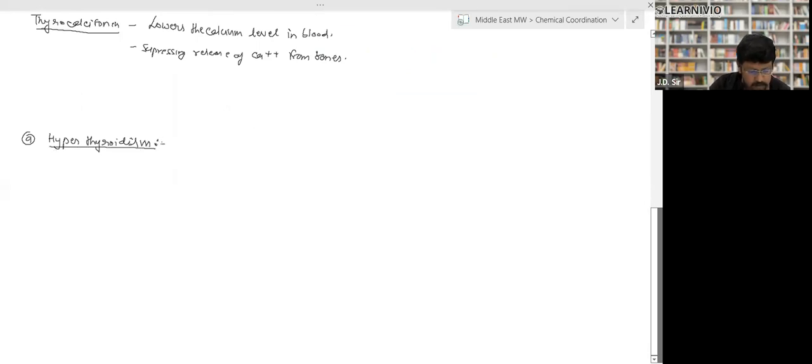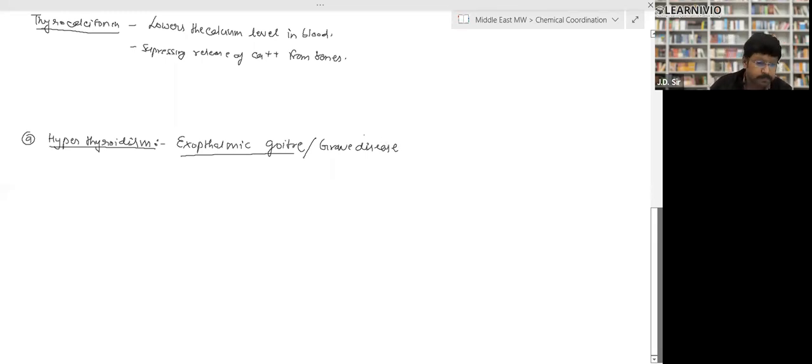Hyperthyroidism is also known as exophthalmic goiter, or Graves' disease.